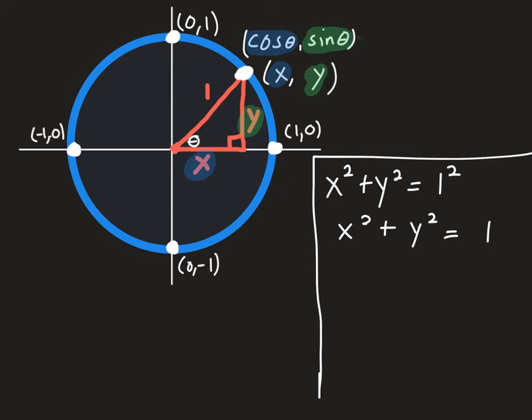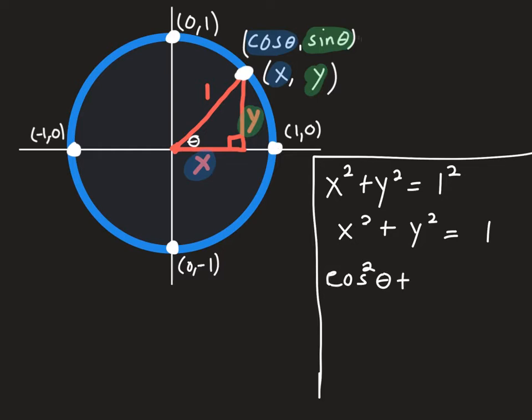So if x is the cosine of theta, I can replace x with the cosine of theta, and what we really have is cosine of theta squared. Whenever I'm going to square a trig function, we can write it in an easier way. Instead of cosine theta squared, we can write that as cosine squared theta, and that's the same thing. It's just a little bit simpler to write.